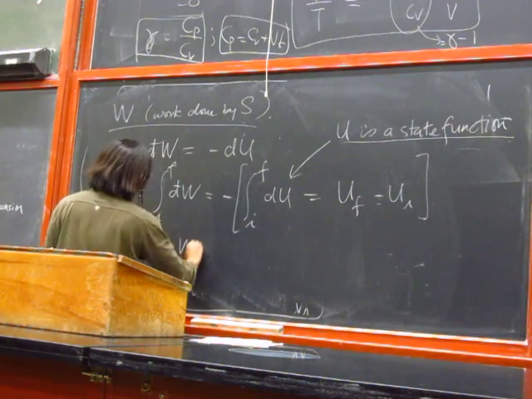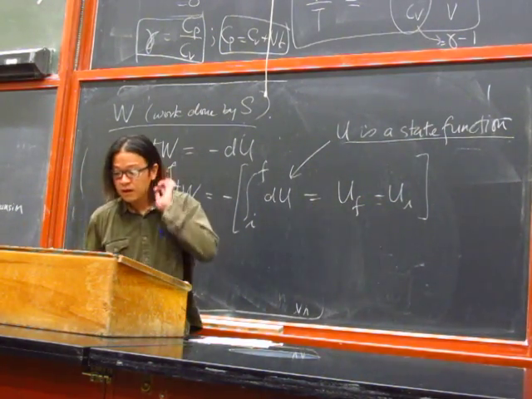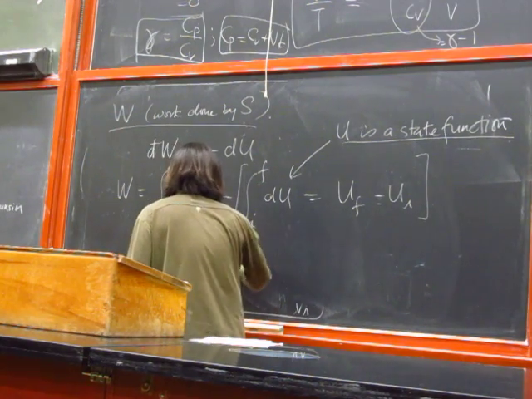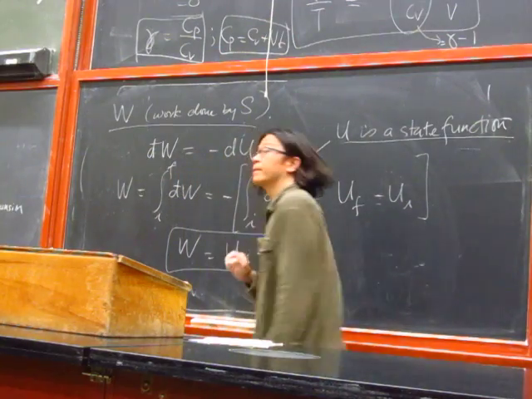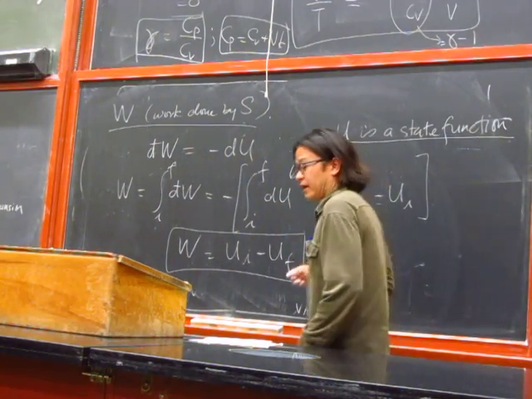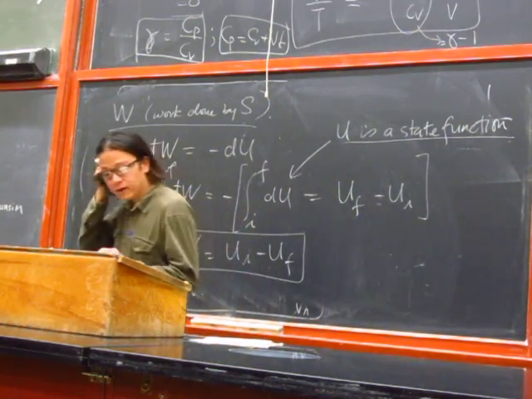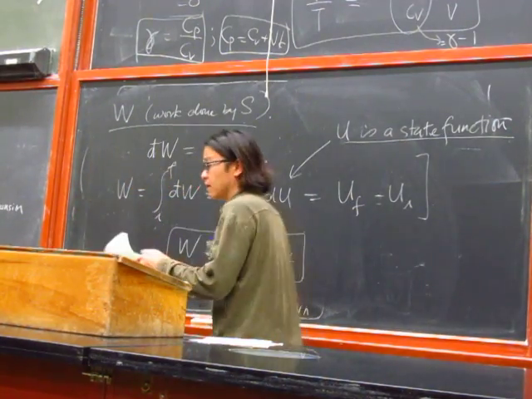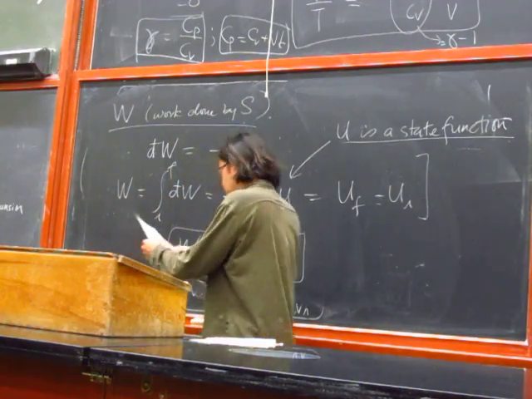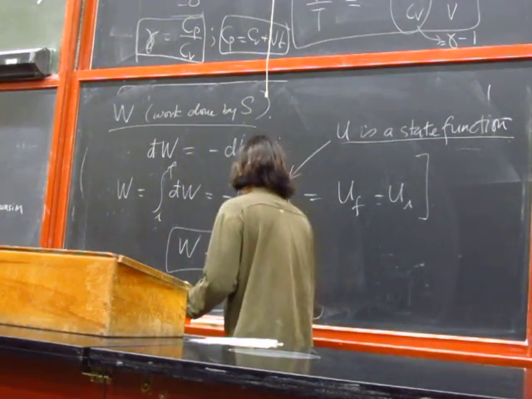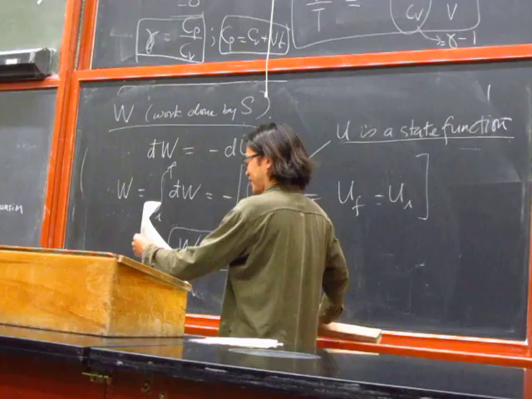So the total work done is just equal to U_i minus U_f. And you just have to do some algebra.